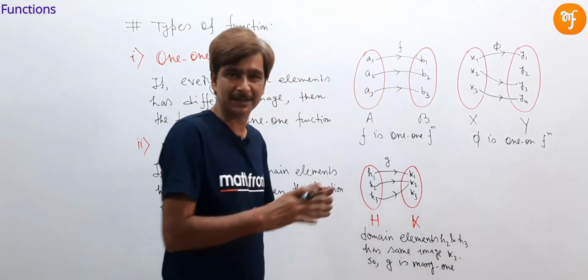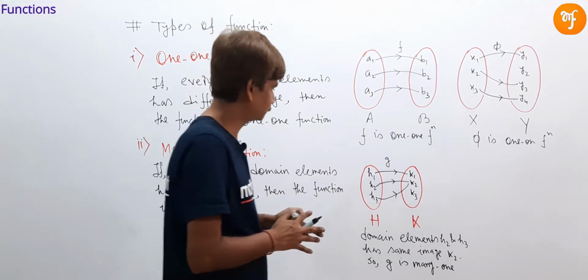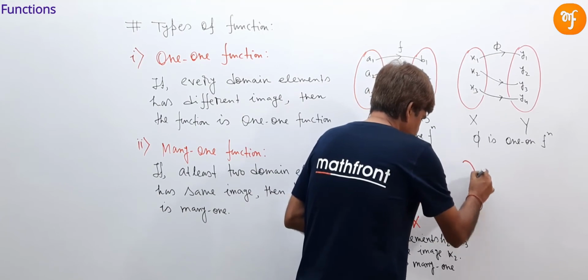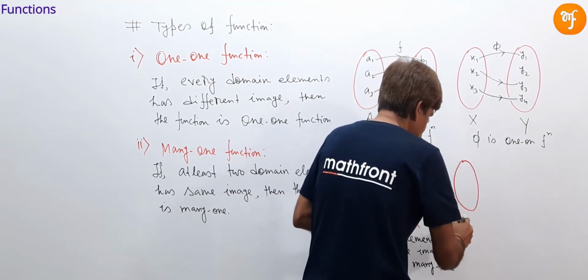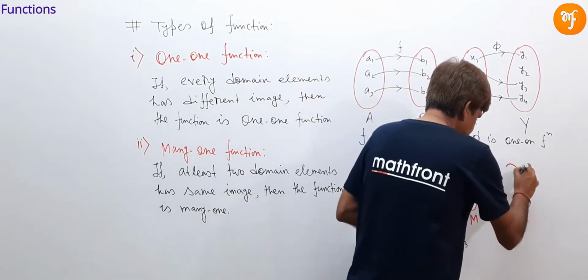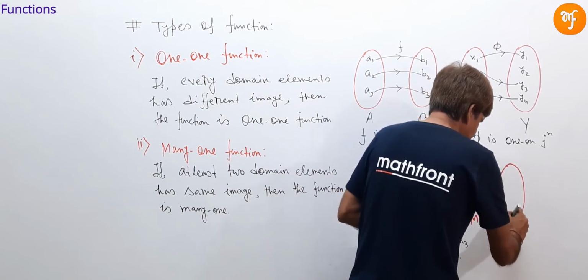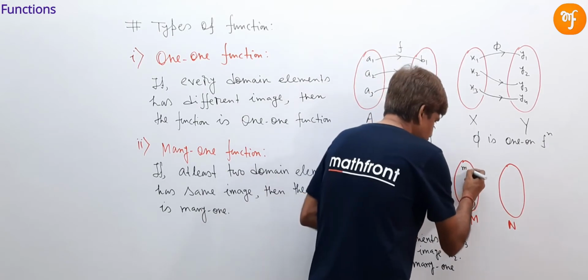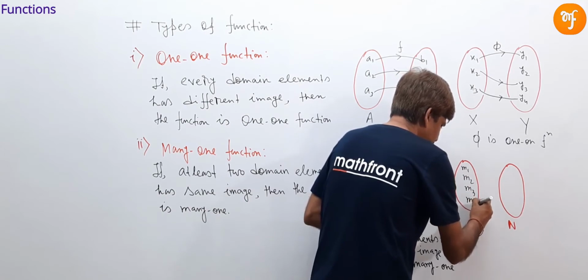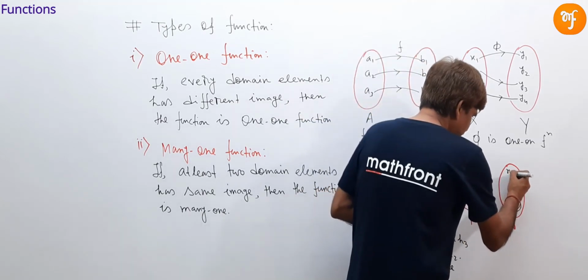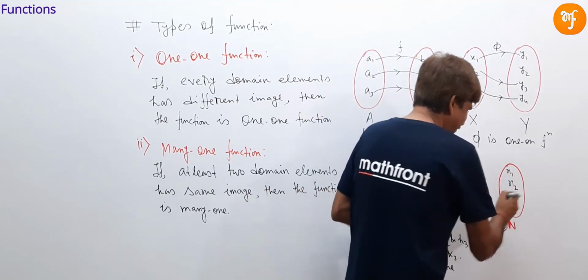So let us consider another example, then it will be more clear to us. Suppose this is capital M set and this is another set, capital N set. The elements of set M are M1, M2, M3 and M4, and elements of N are N1 and N2.